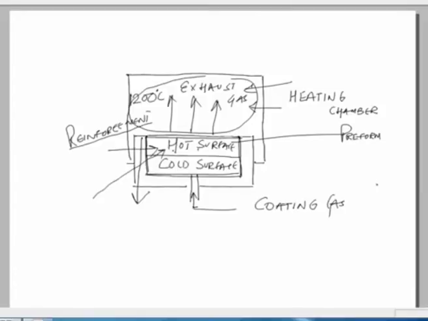Basically what is happening is, when the preform is in contact with the heating chamber, the temperature is higher, and because of the reaction taking place, the solid matrix material is being deposited at the surface or at the top of the preform. Then the top portion is heated, the deposition is taking place, and then slowly the reaction would take place towards the depth of the preform.